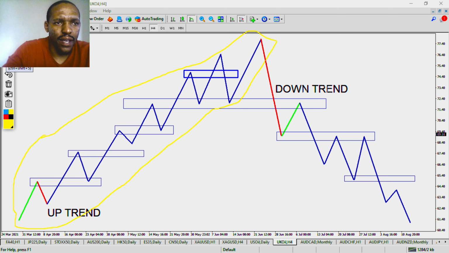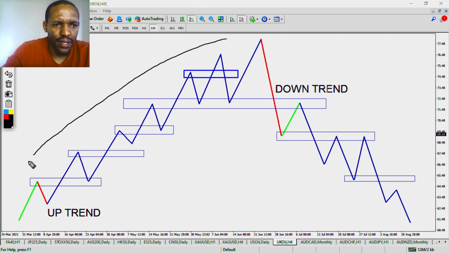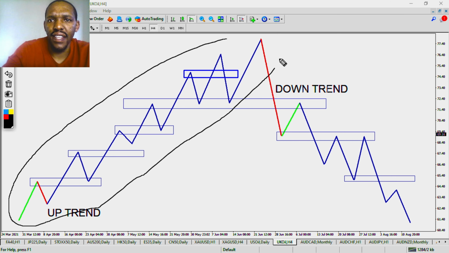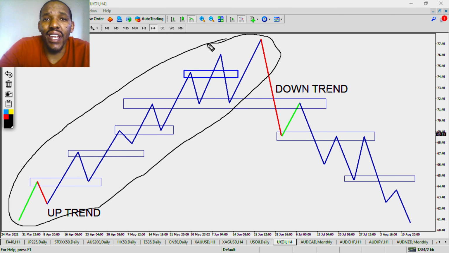Maybe let me try to change my color there. This right here is an uptrend. So in this uptrend here, guys, we get impulses and pullbacks. Impulse and pullbacks are what makes the trend.